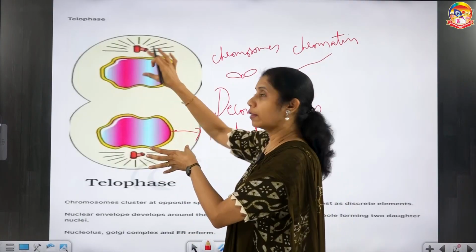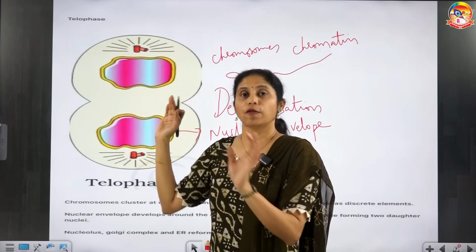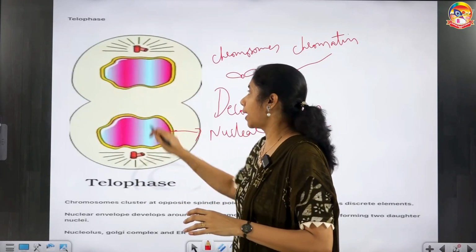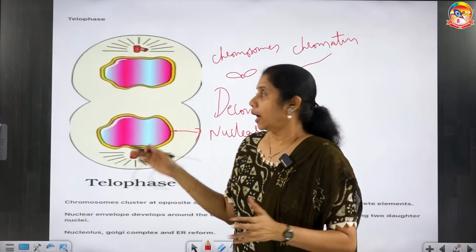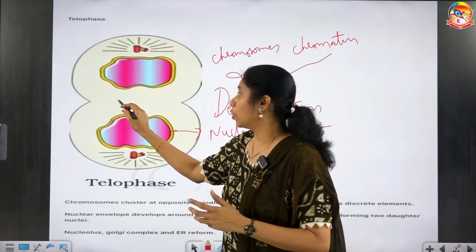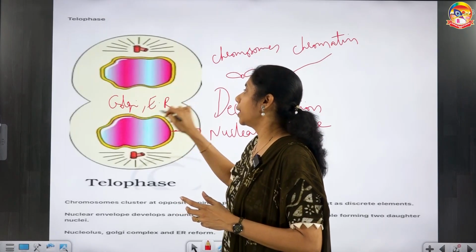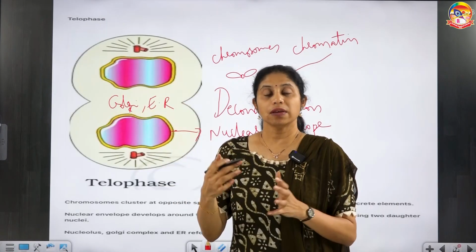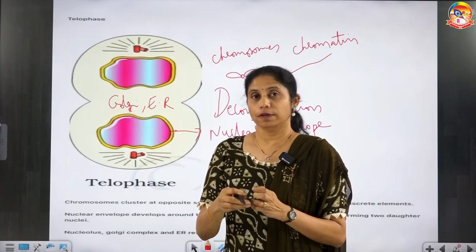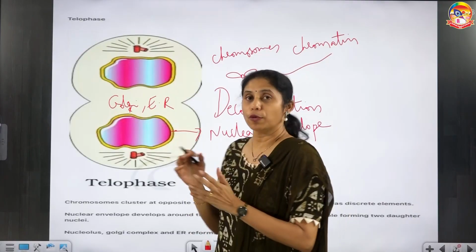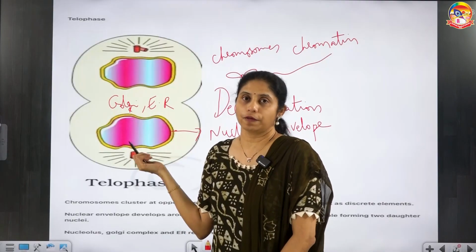So now at the poles, chromatin material is formed. After that, the nuclear envelope reforms. And then in the cell cytoplasm, the Golgi complex and ER are reformed again. So these events are exactly opposite of prophase. We say that telophase is exactly opposite of prophase.